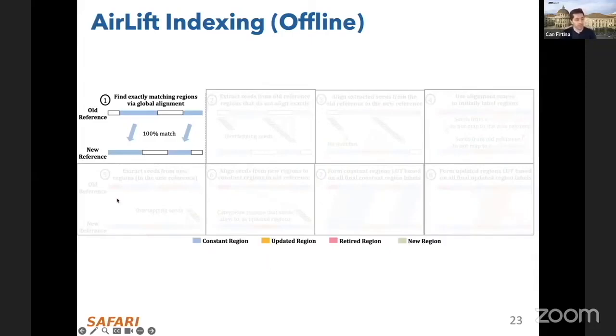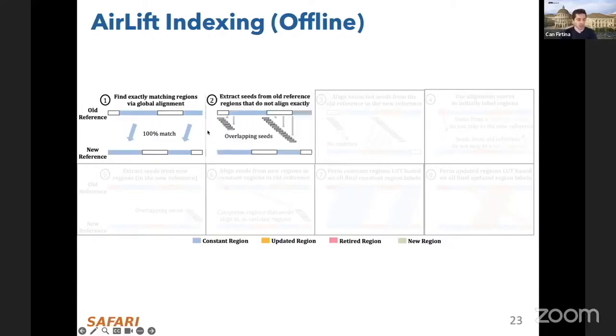So the first step that we do in the AirLift indexing is we find exactly matching regions by applying some global alignment between the old reference genome and the new reference genome. So whenever there are exactly matching regions, then we know that these are the constant regions. So for now, we can label them as constant regions.